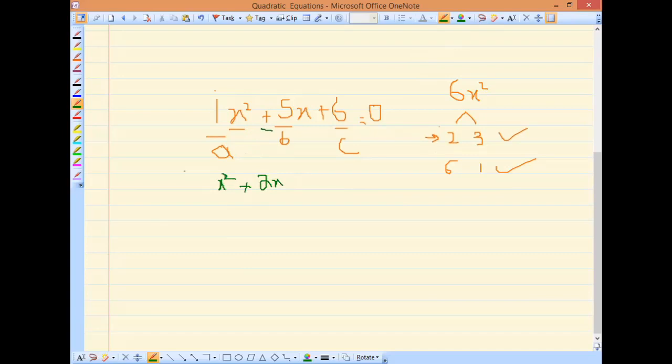Here it's plus luckily, but if it's minus, we have to be careful while putting the signs on the numbers. So here we will write plus 3x plus 6 equals to 0, as you all know.